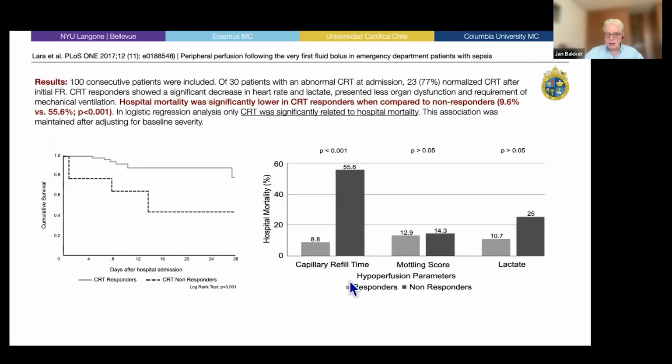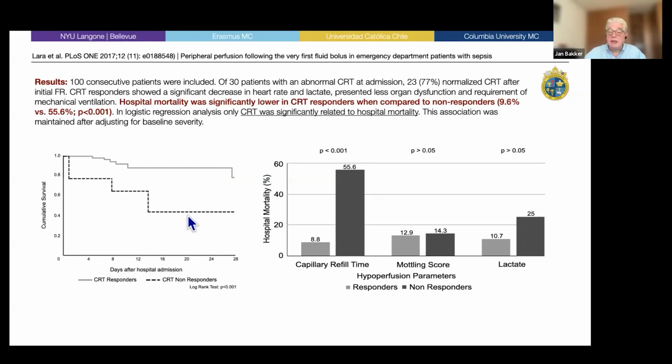But the interesting thing is, the patient that normalized their capillary refill time with this initial treatment of sepsis had a much better prognosis. The likelihood of dying if you corrected your capillary refill time with fluids only was very low. The mortality in this group was around 8%, 9%.